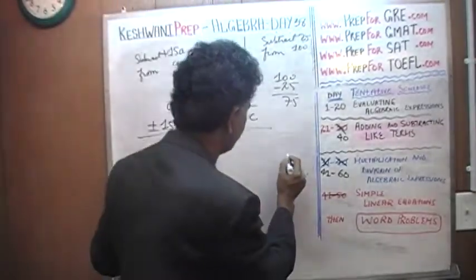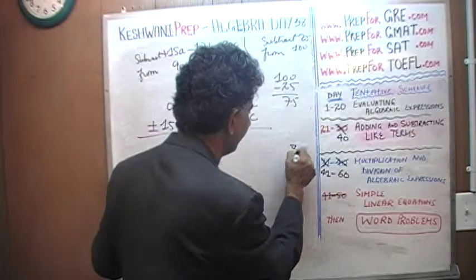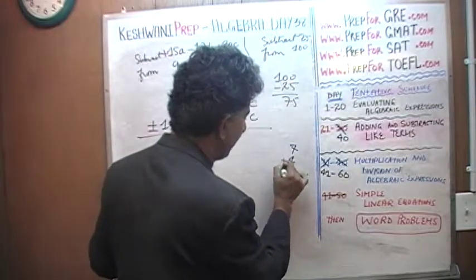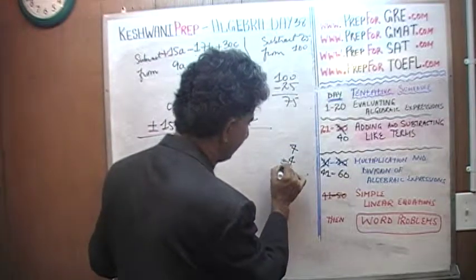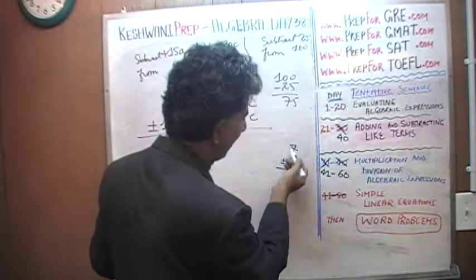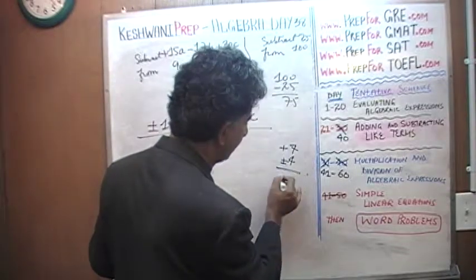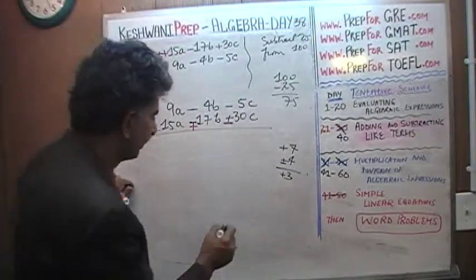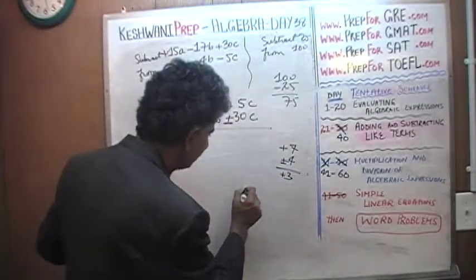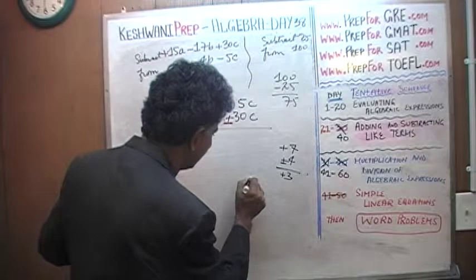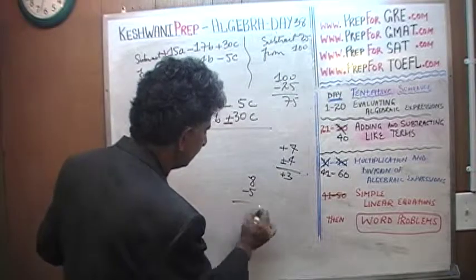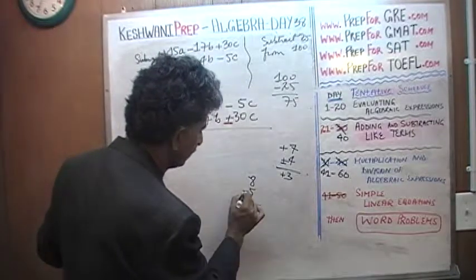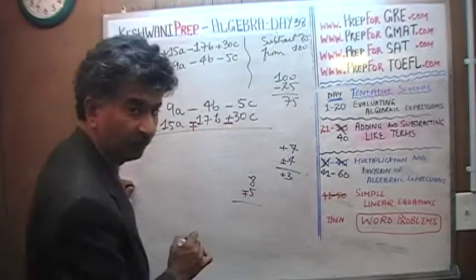For example, if you tell me to subtract 4 from 7, if this 4 has a positive sign in front of it, I change its sign to negative, then all I'm doing is adding positive 7 and negative 4, which is going to give me positive 3. If you tell me to subtract a negative 5 from 8, you change the negative sign into a positive because you're subtracting.